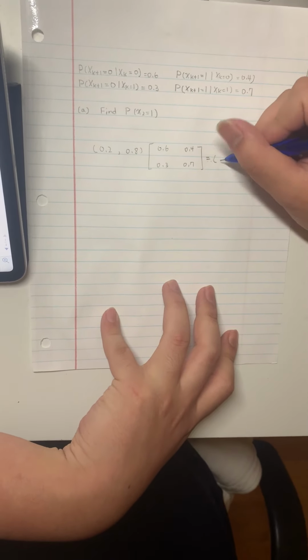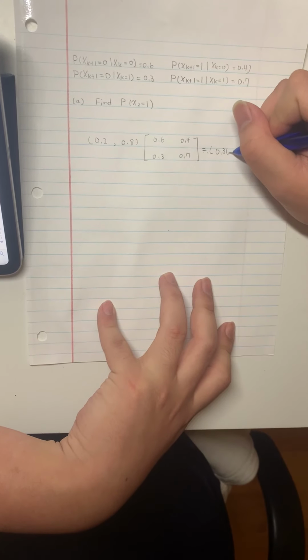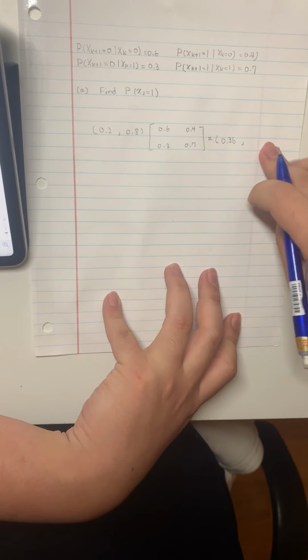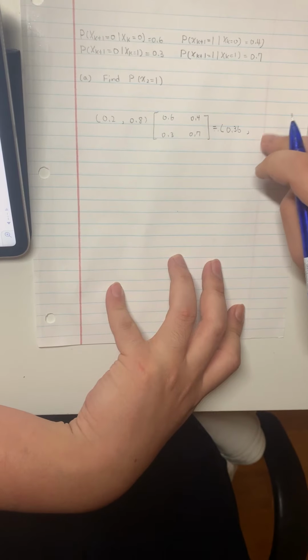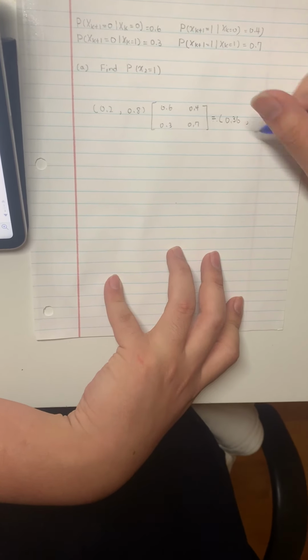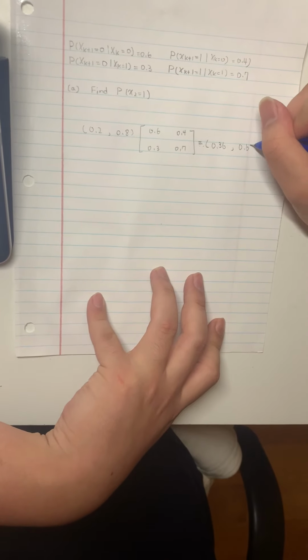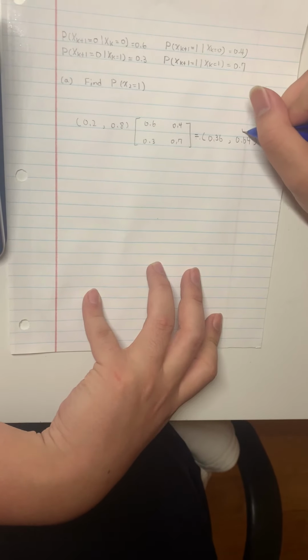So the answer is 0.36, and we can count out the probability of x2 equals 1 is 0.64. So this is our answer.